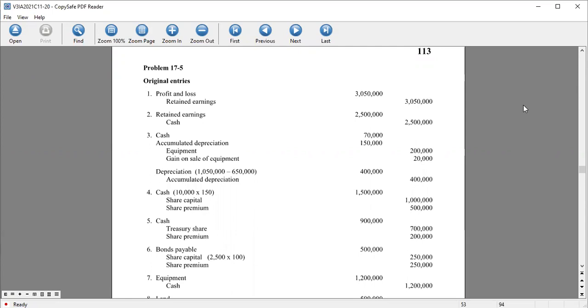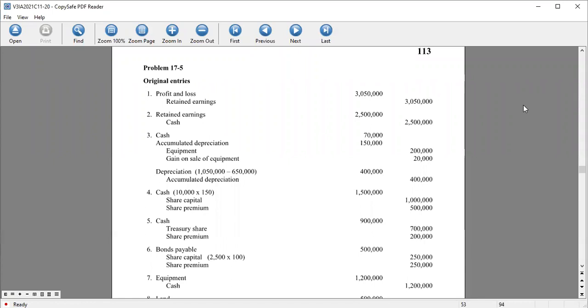So actually, as stated, each of the 500 bonds. If you divide 500,000 by 500 bonds, that gives you 500 bonds, and we multiply by 5 because each of the 500 bonds was converted into 5 shares of capital.